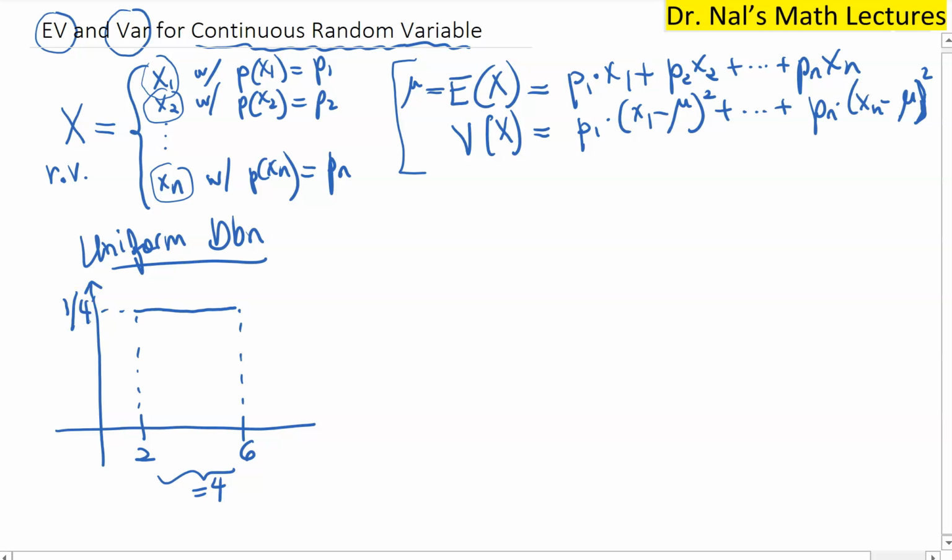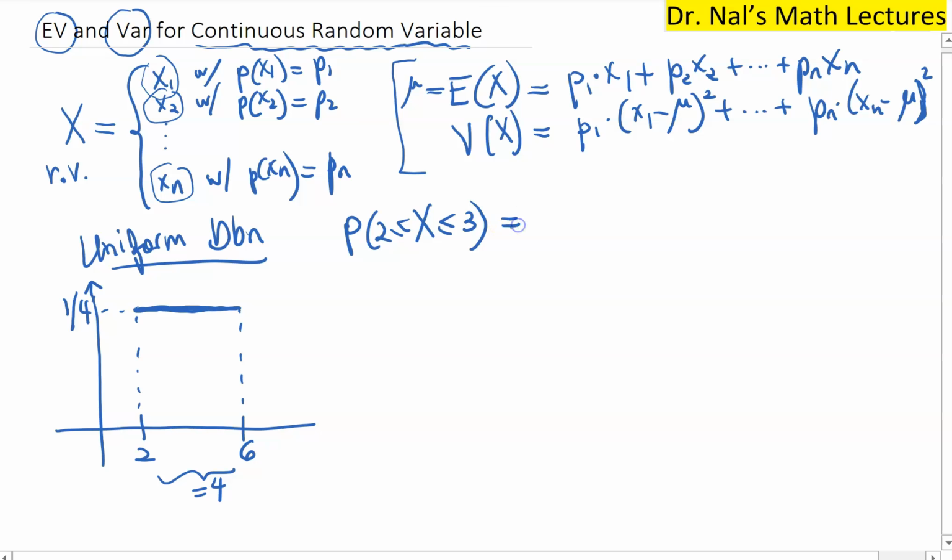So if you have such a uniform distribution, all outcomes are equally likely between 2 and 6. If someone asks, what is the probability that the random variable is between 2 and 3? Well, that's easy.